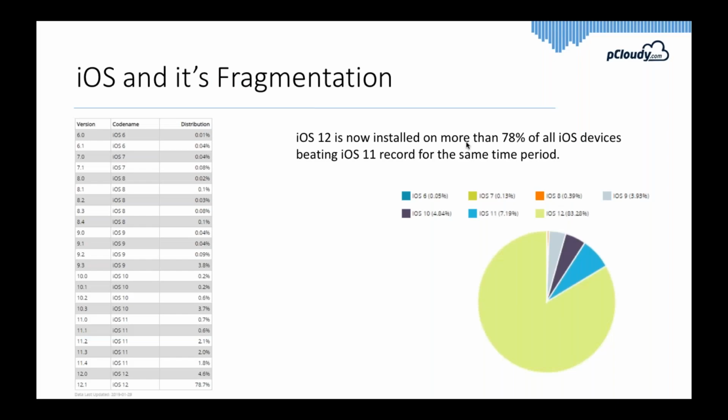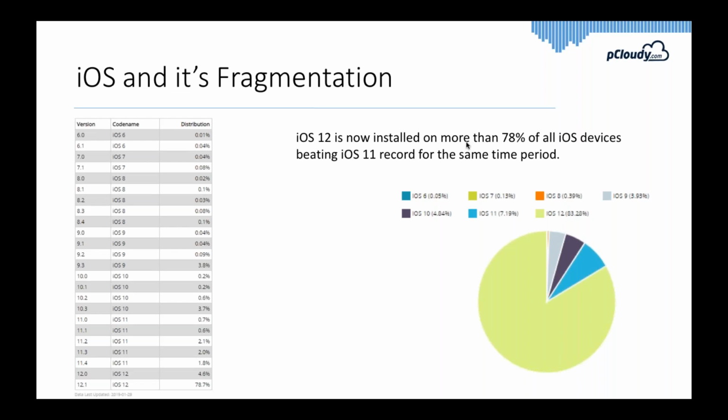In terms of the versions, yes, there are quite a number of versions released in the market. But one good part with iOS is most of the users update to the latest versions. So the fragmentation across the older versions is not that big a challenge. As you can see in this chart, iOS 12 has almost 78% coverage as of now, which is a record.